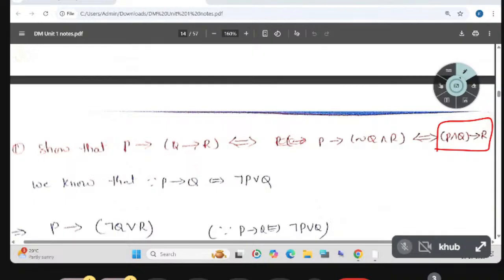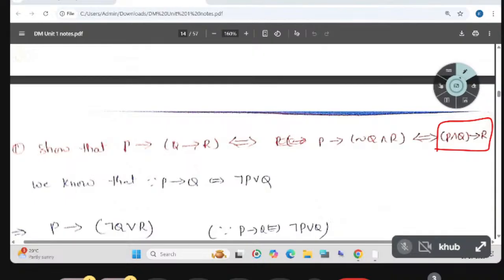Okay, so what is the first statement that you can use? The first statement that you can use is P implies Q implies R. You can use that statement first or you can use the other statement first. That is not mandatory, but you have to draw the conclusion that P and Q implies R. That is my answer.